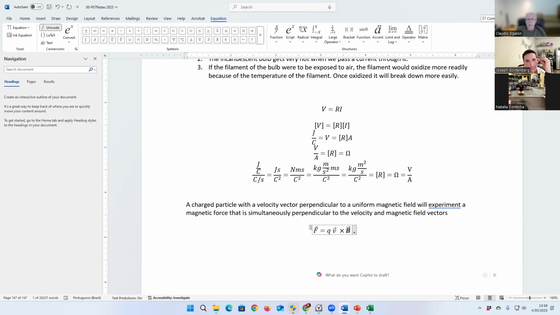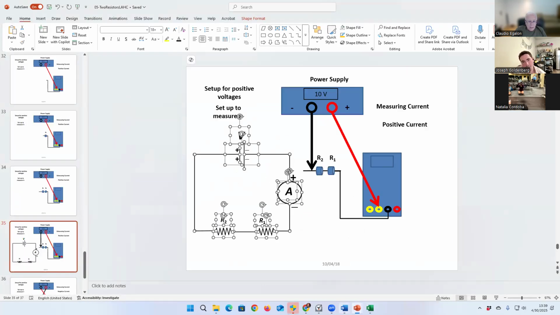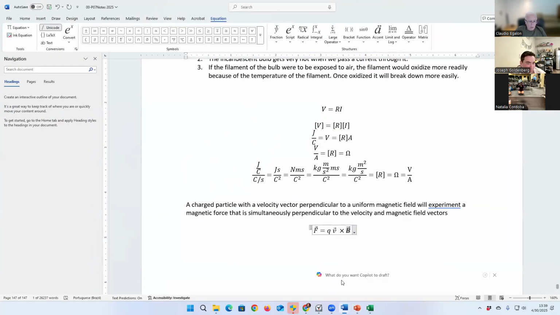Because this force will always be perpendicular to the velocity vector, the only type of motion that you're going to find is a uniform circular motion. Let me write that down here.